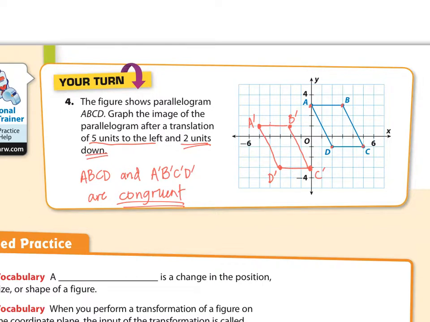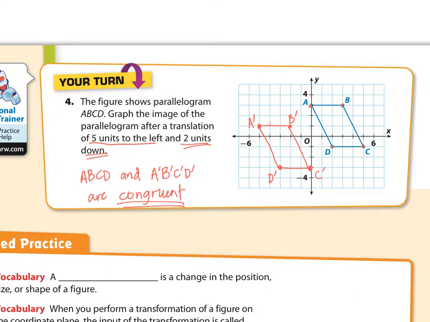One thing that you may need to know for the assignment is what matches or corresponds from our pre-image to our image here. And that is that AB, this side, corresponds to this side up here, A prime, B prime. So we say that side AB is congruent to side A prime, B prime. And similarly, we have side BC is congruent to side B prime, C prime.